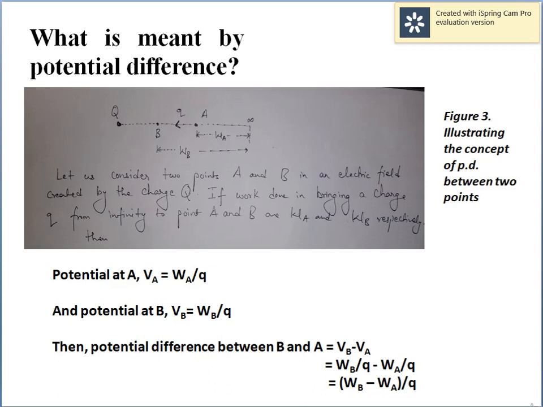In an electrical system, the potential difference between any 2 points in an electric field is more useful than the absolute potential at that point.